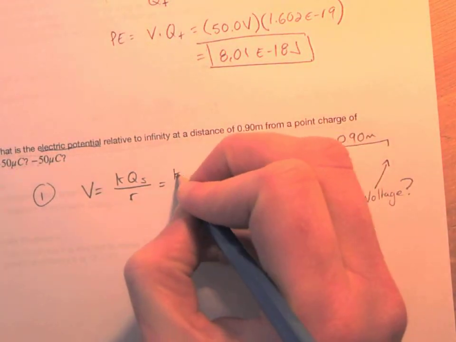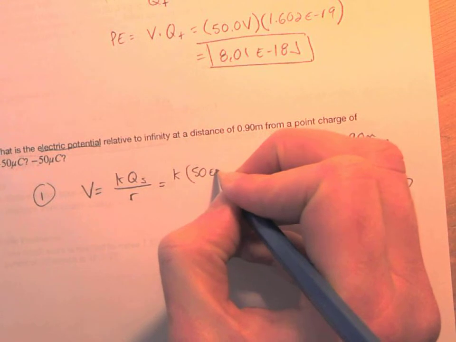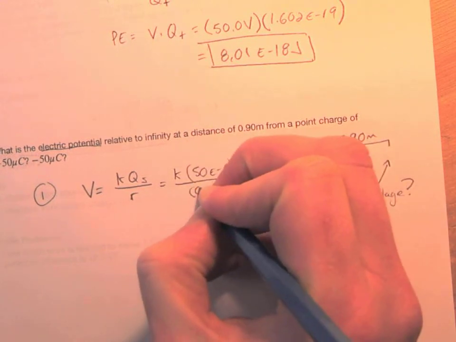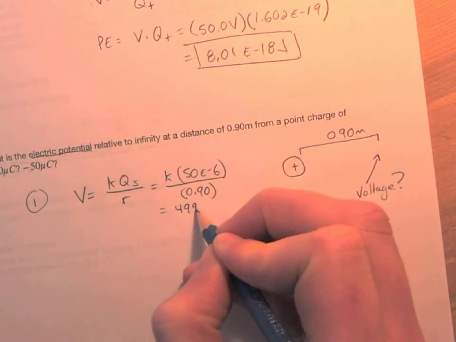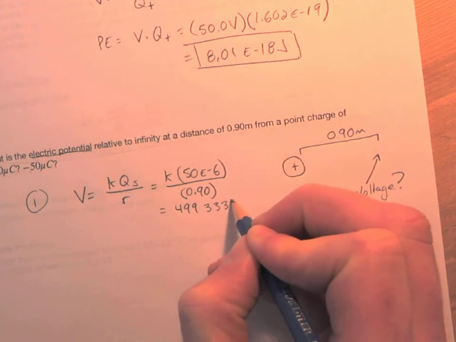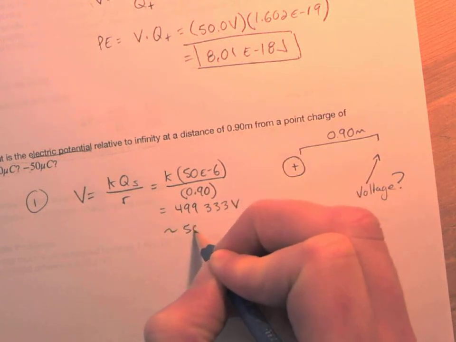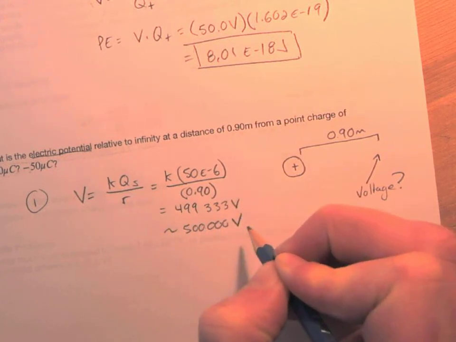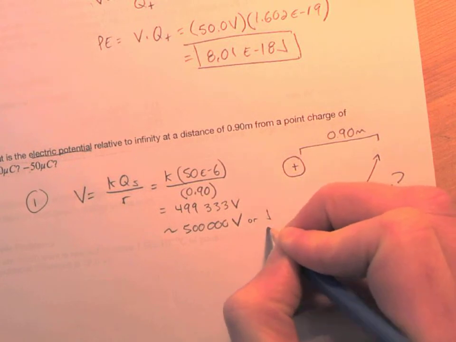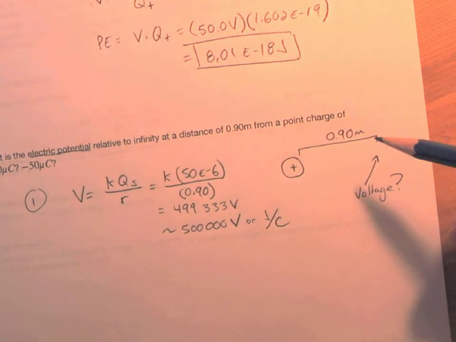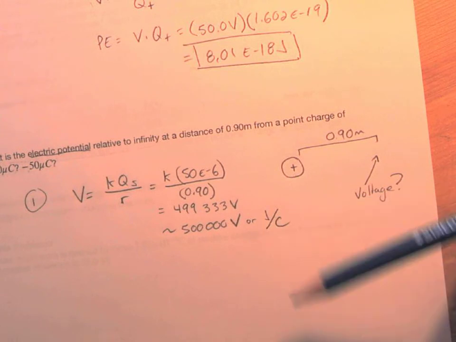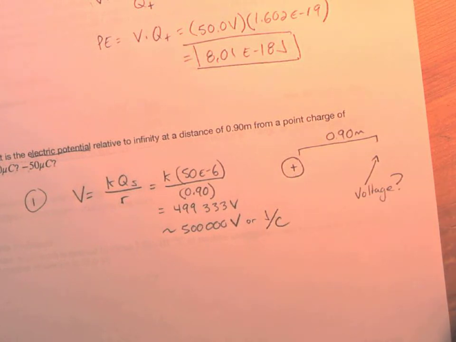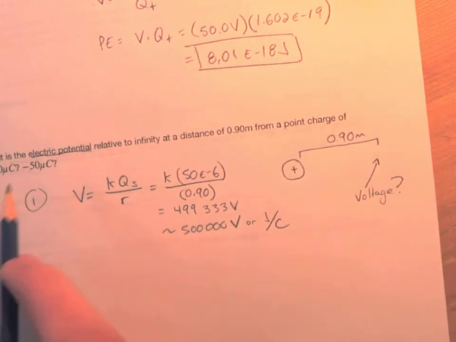So we can do the constant K times 50 e to the negative 6 over 0.90 meters, and we get 499,333 volts, which is around 500,000 volts or joules per coulomb. So in that spot, every coulomb that passes through, you get 500,000 joules of energy.